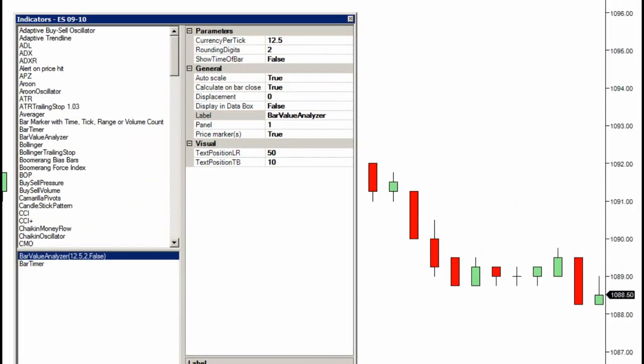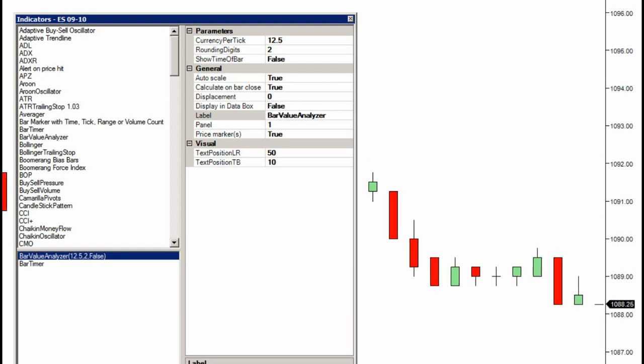What this indicator does is it analyzes the current value of the active price bar. And so why is that important? Well, particularly in a minute-based chart, sometimes those bars get really long. And so if you have a strategy or a system that you employ that involves deciding whether you're going to put your stop X number of ticks above or below your entry bar, it's nice to know what the value of that bar is.